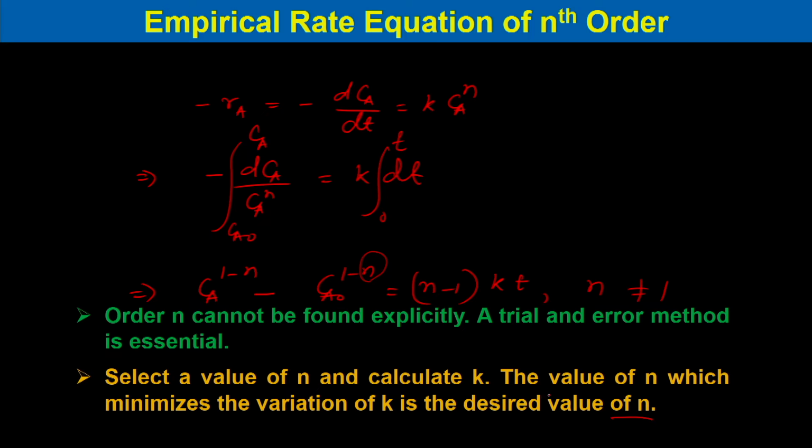So, we need to check the value of n which will minimize the variation of the rate constant or rate coefficient. That will be the order of the reactions. We will later analyze this with an example.